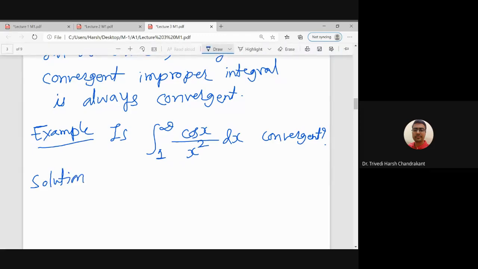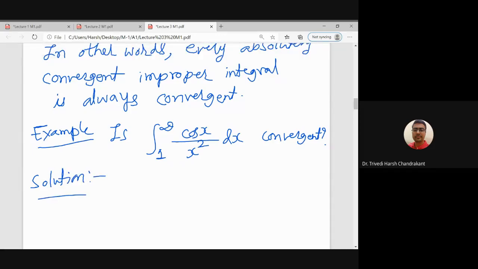Here, the first thing to note is that the function cos x divided by x square is not non-negative for every value of x greater than or equal to 1. Am I right? Yes, sir. So we cannot directly apply the comparison test.